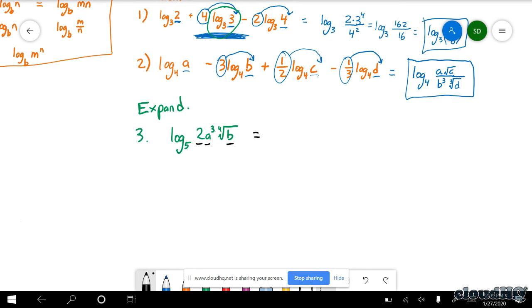So I'm going to write log base 5 of 2 and log base 5 of A and log base 5 of B, but I'm just going to leave some space in case we have coefficients and also add in positive or negative signs. So let's start with that. Just leave space, but log base 5 of 2. Then I'll have a log base 5 of A. Then I'll have a log base 5 of B.